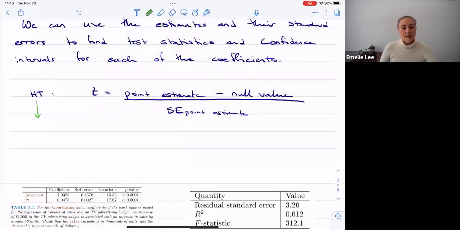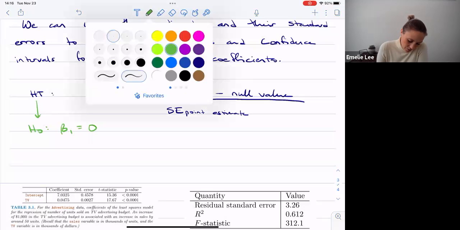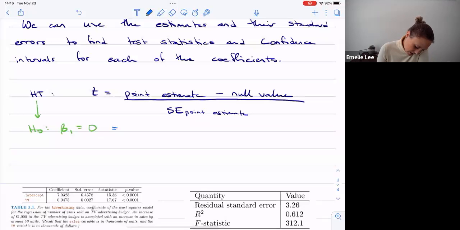What we're testing here, the null hypothesis in this case, is that beta J, or maybe beta 1, since we're only doing simple linear regression for now, is equal to 0. Beta 1 is the slope. So this is really saying that the slope is not significantly different from 0.